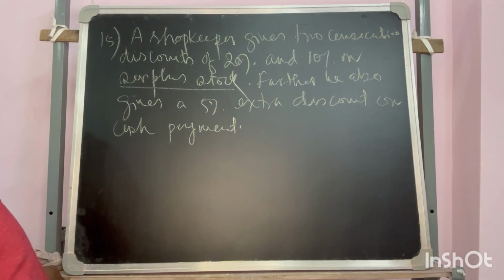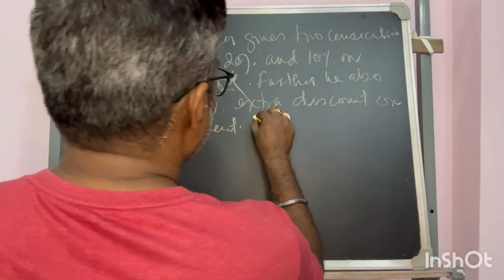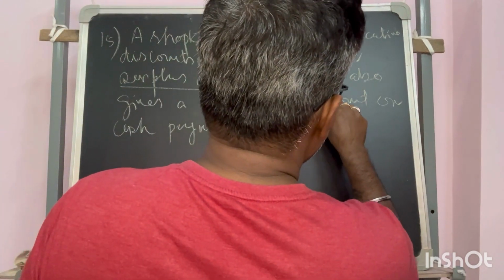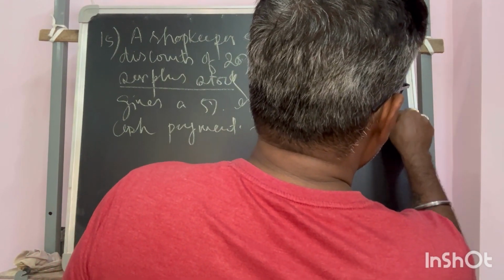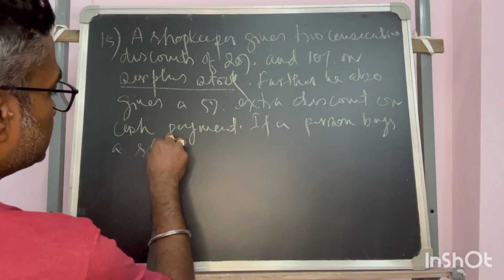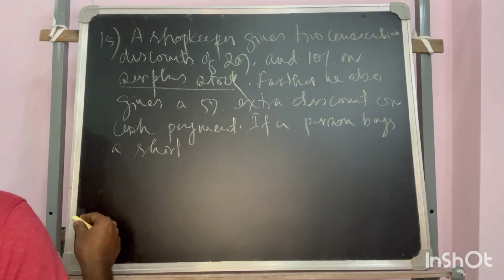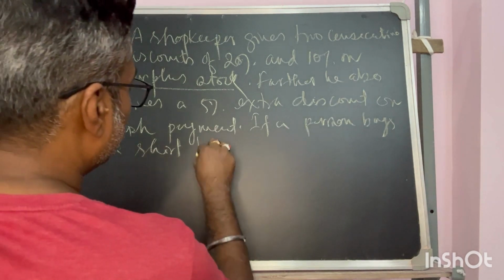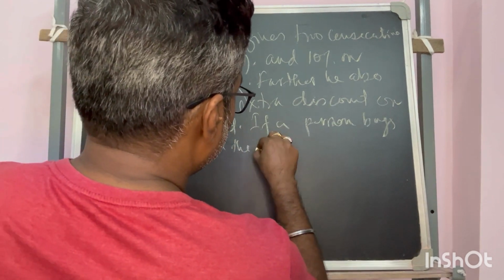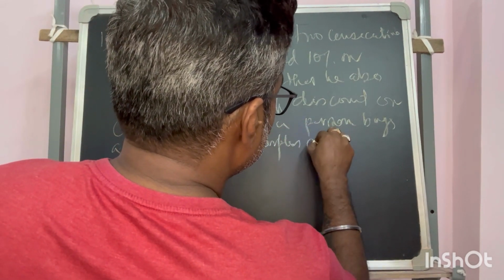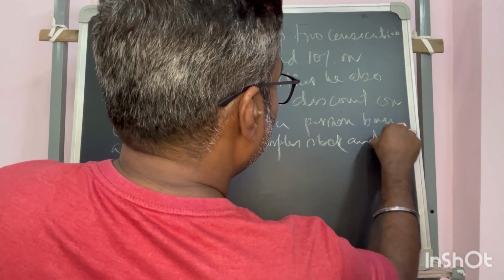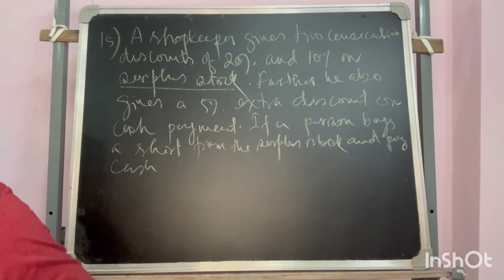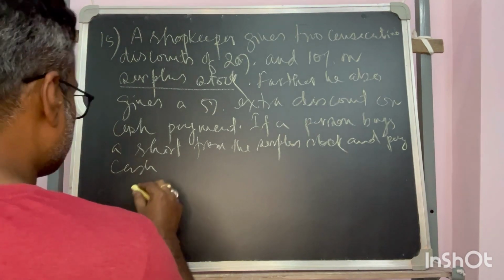If a person buys a shirt from the surplus stock and pays cash, what overall discount percent will he get?